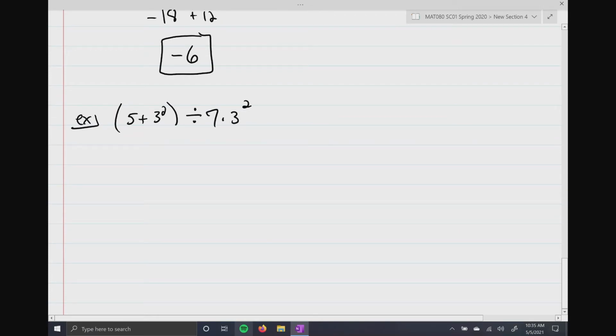Now, just to review them, the order is parentheses, exponents, multiplication and division, addition and subtraction, but I'm going to put them in a box and write from left to right in order. Okay? All right, so remember, multiplication and division, you go left to right in the order in which they appear.